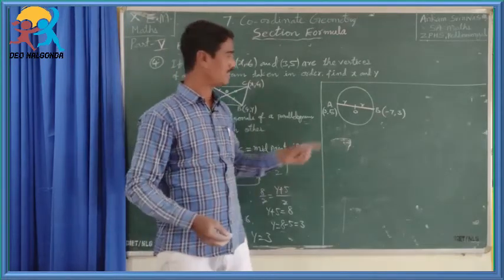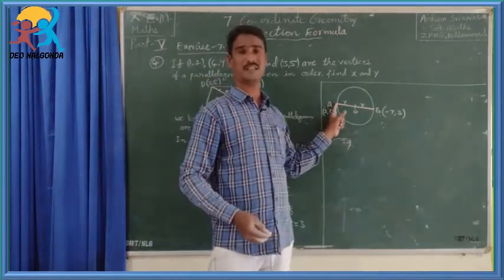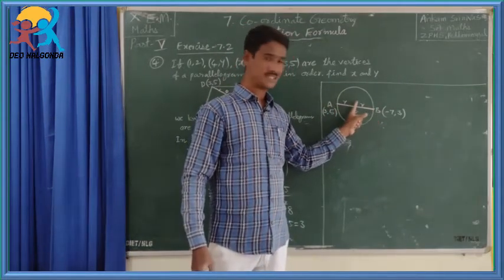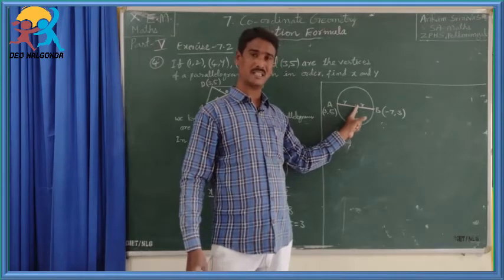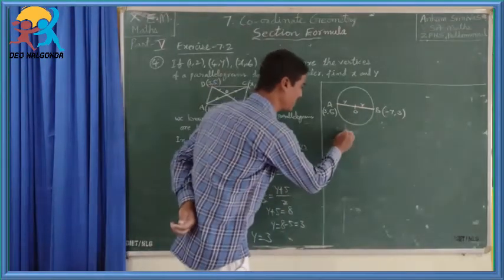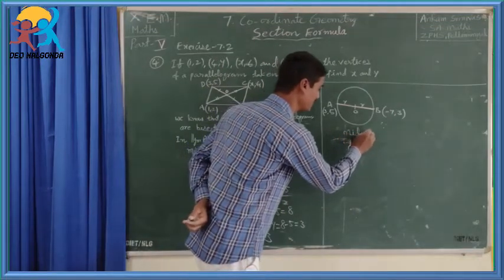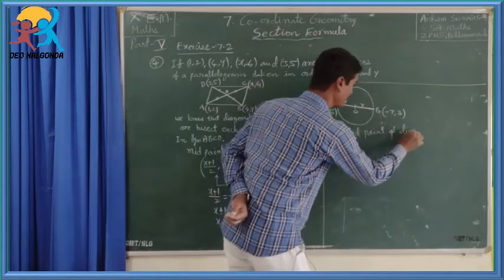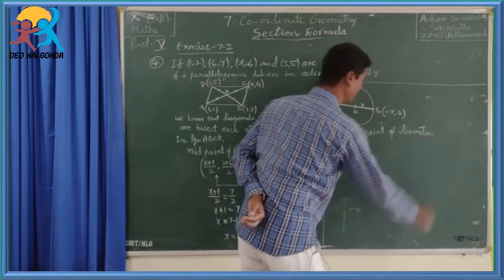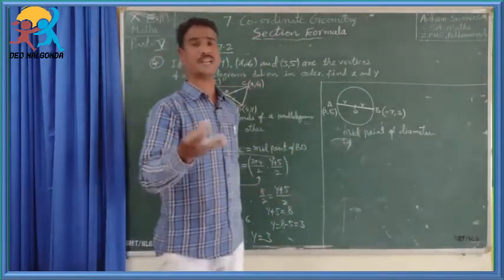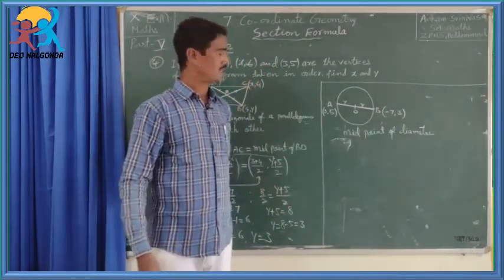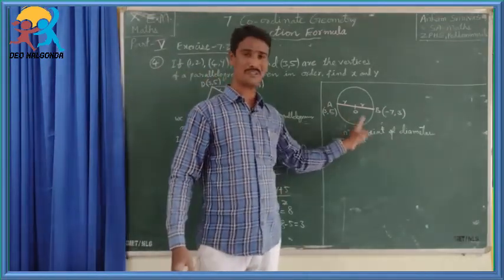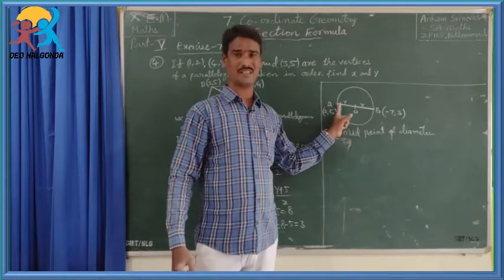So dear children, when given the endpoints of the diameter of a circle, to find the center of the circle, find the midpoint of the diameter. If you find the midpoint of a diameter, it becomes the center of the circle. Very easy. So this problem, do it yourself.